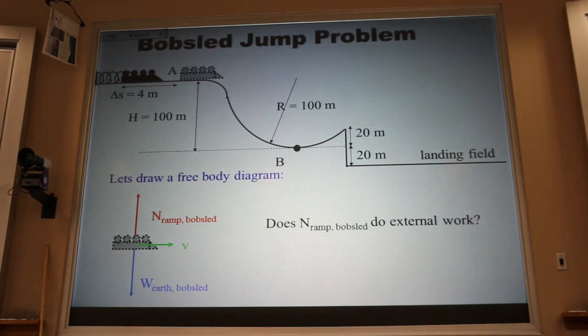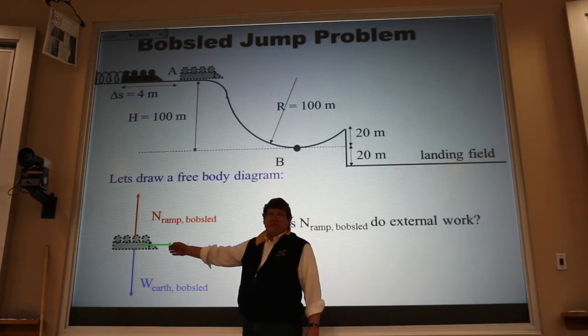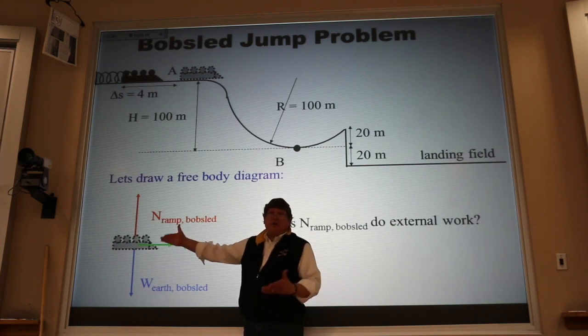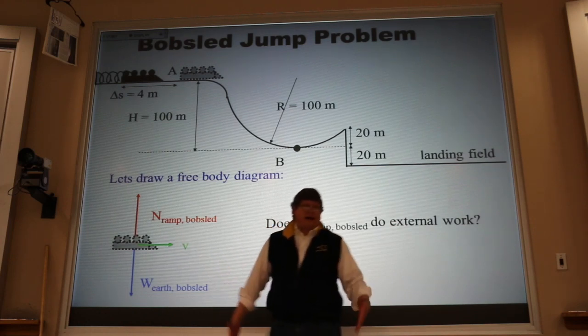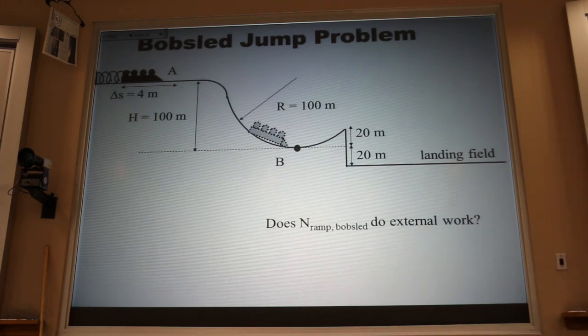Now you see that I just violated one of the most fundamental rules of free body diagrams. I put something that's not a force on the diagram. I will burn in heck. I'm sorry. But it doesn't matter where we look in this motion, the normal force is always perpendicular to the way the bobsled is moving. And so I get 0 there.